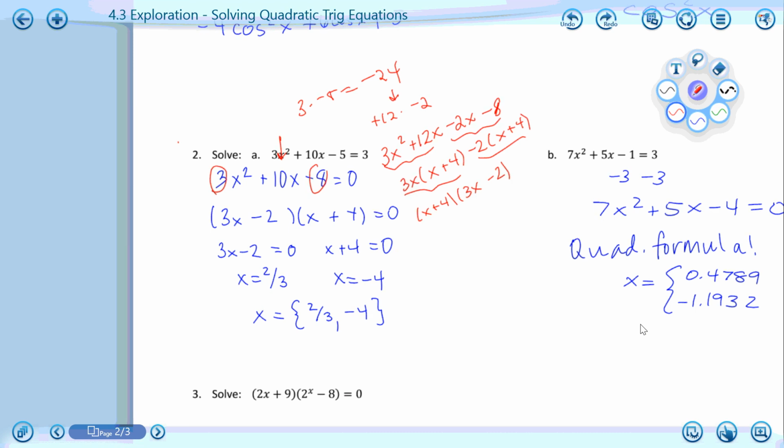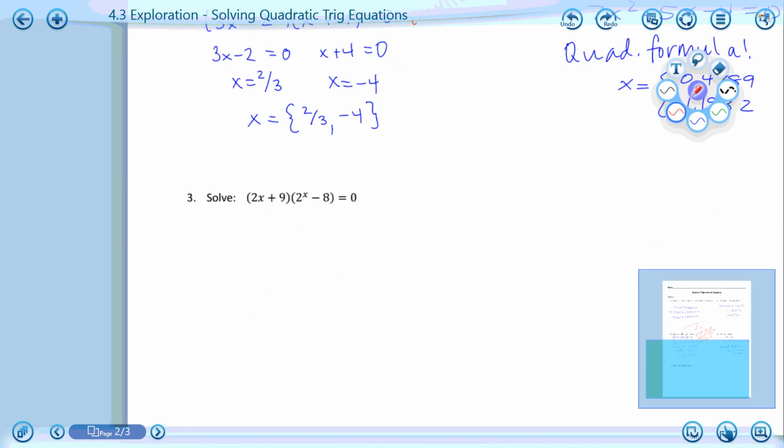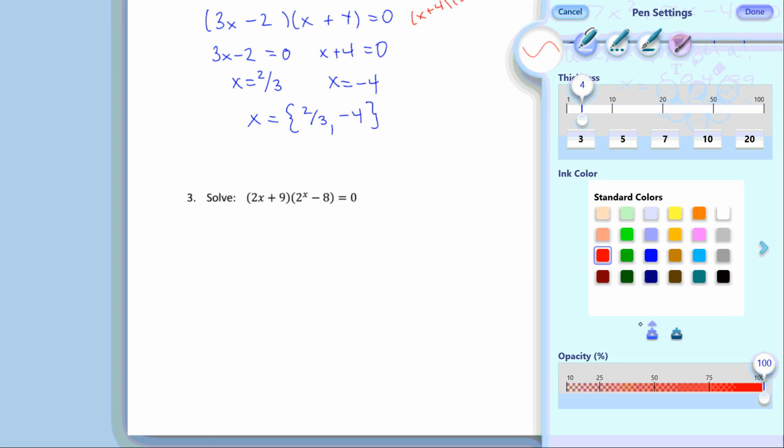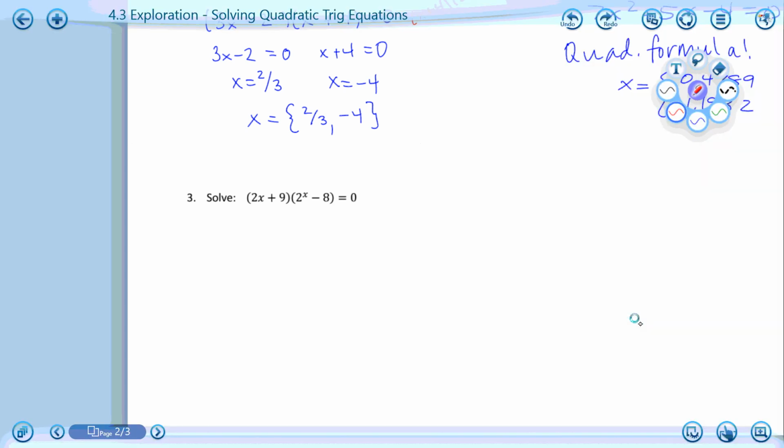I didn't do number 3 here yet, but I do want to remind you that when you have two things multiplied together, even if they're much more complicated than you would get as factors of a quadratic, the factor theorem still applies. I have two weird things here multiplied together and equaling 0. How am I going to solve this? Well, either the first thing is going to be equal to 0 or the second thing is going to be equal to 0, right?